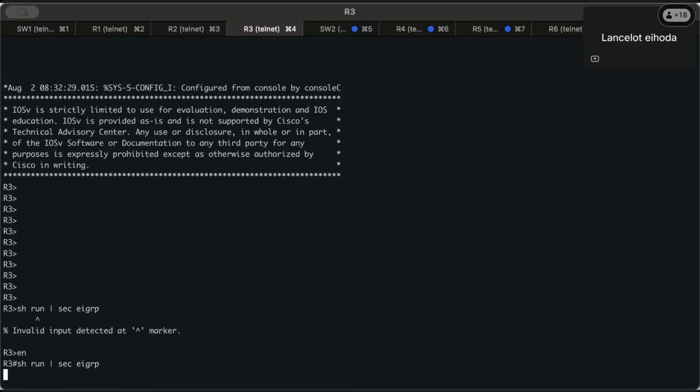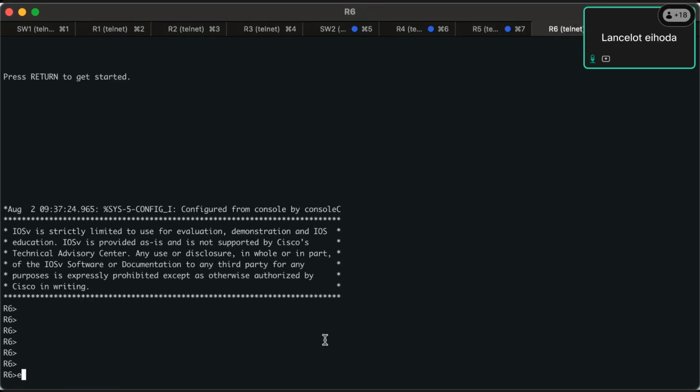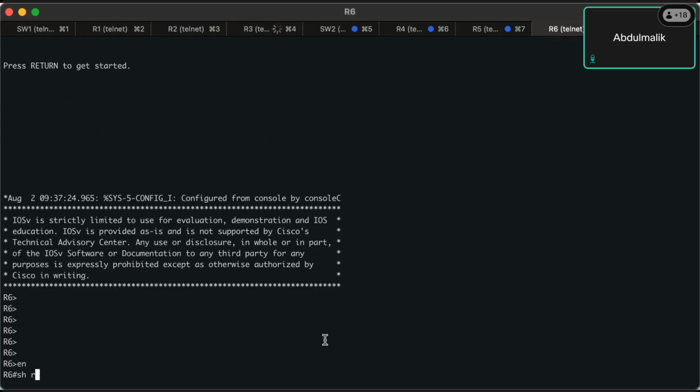No, I think 3 doesn't have it. It's router 6. Yeah, router 6 is the one that distributes.